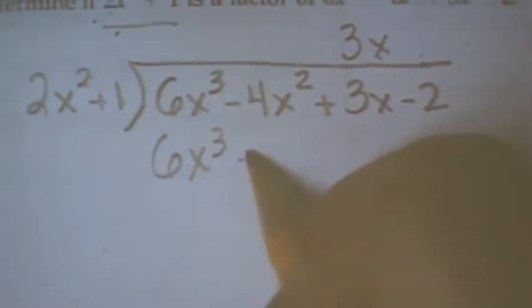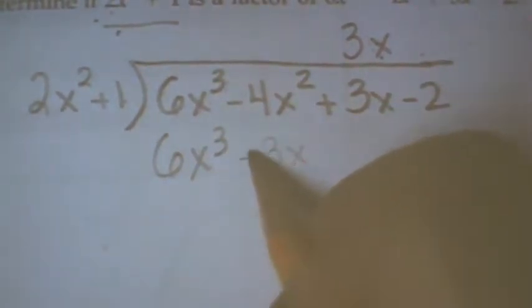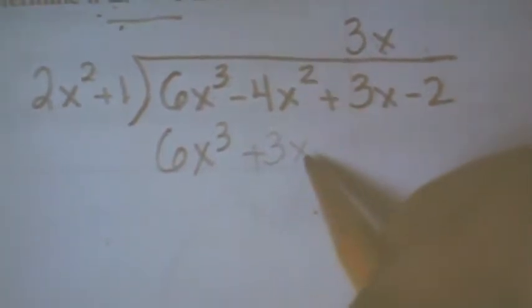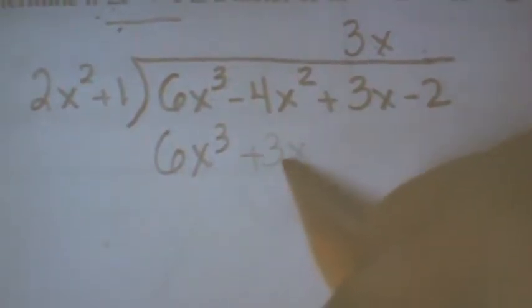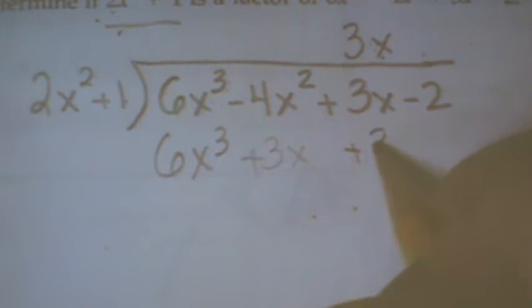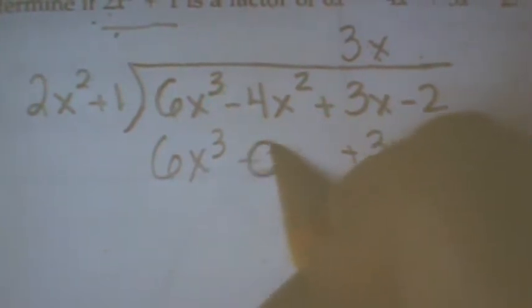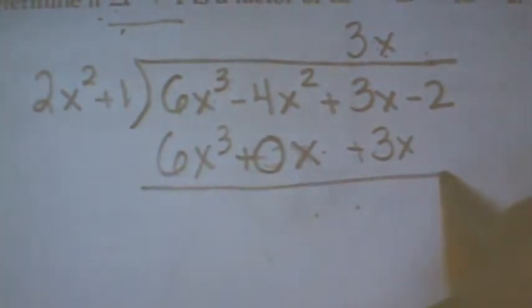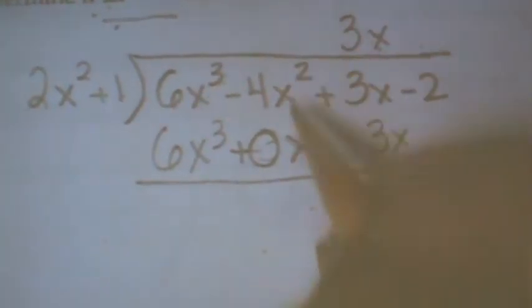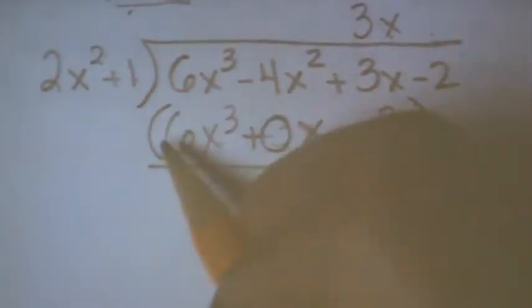Now, if I put plus 3x here, when I go to subtract, you're going to get confused. So don't put 3x there. Put it right underneath its like term. So this is 0x. We have a plus 0x, so leave a placeholder for 0. Now, what do you do with these two polynomials?